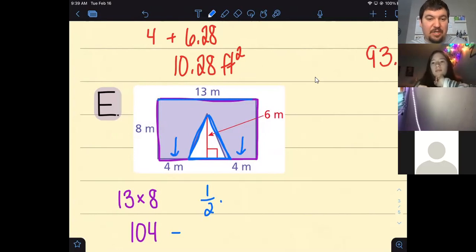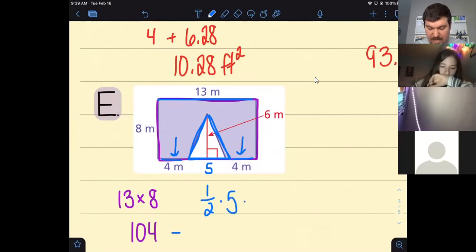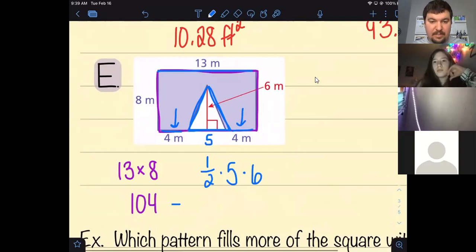So if the whole thing is 13, and I have 4 meters here and 4 meters there, then that makes 8. That must make this 5, because 4 plus 5 plus 4 would give us 13. And so the base of the triangle is 5. The height of the triangle, you can see here, is 6 meters. Okay, so times 6. 5 times 6 is 30, and half of 30 is going to be 15.